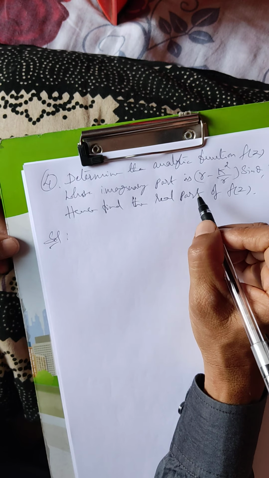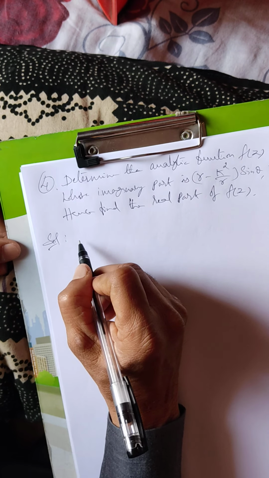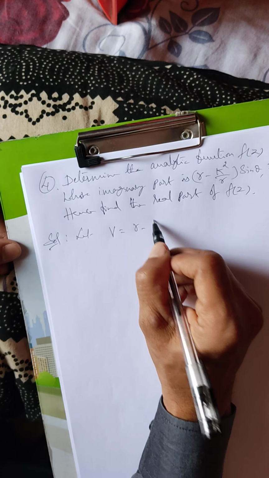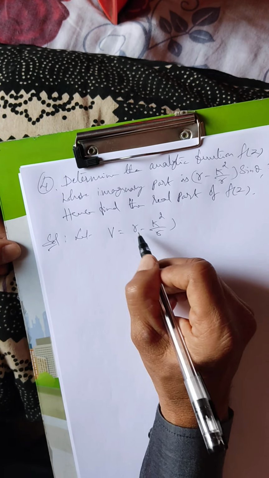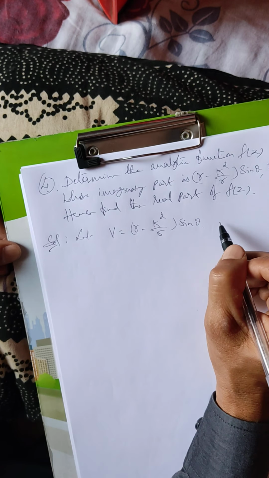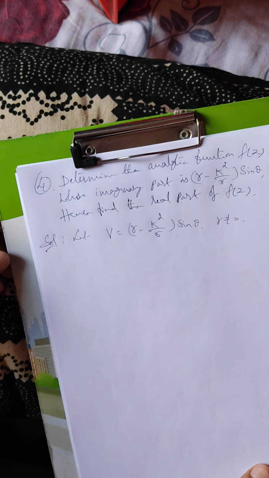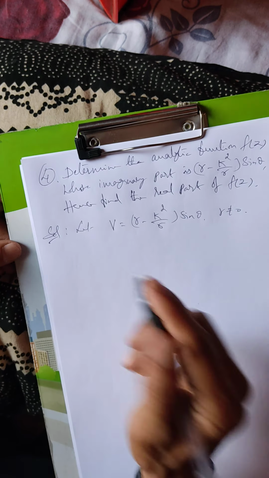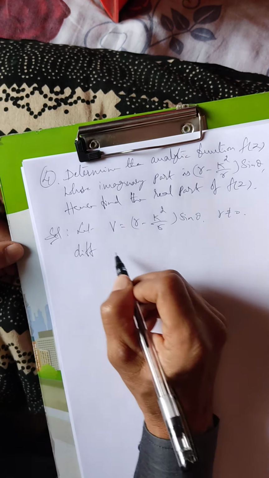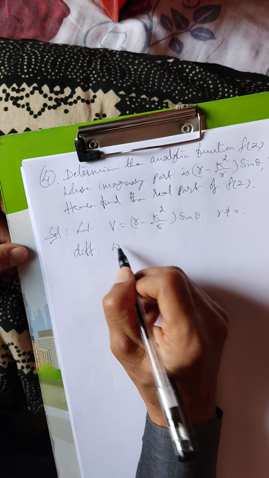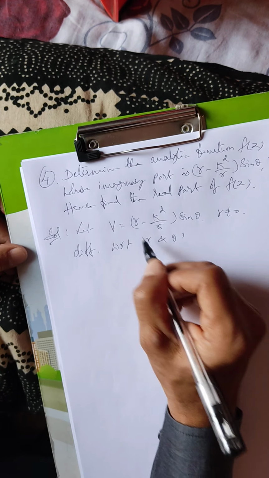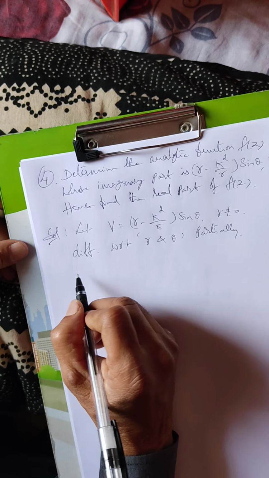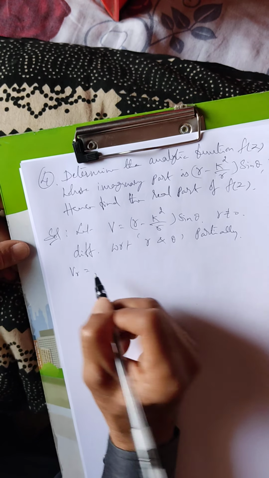So here the imaginary part is given, so that is v. So let v is equal to r minus k square by r into sin theta, where r is not equal to 0. As usual, first let us find the partial derivatives. Since it is in polar form, differentiating with respect to r and theta partially, we get Vr, that is dou v by dou r.